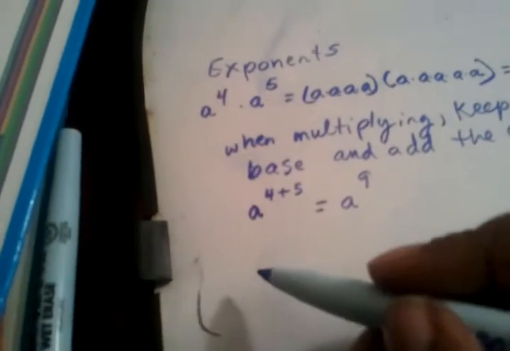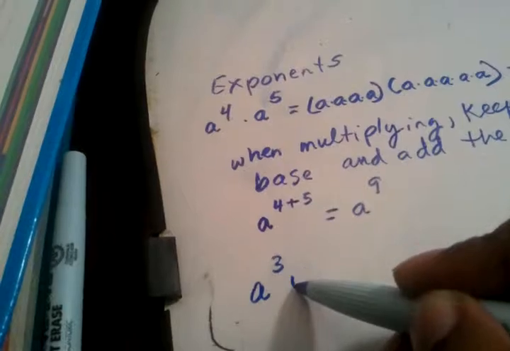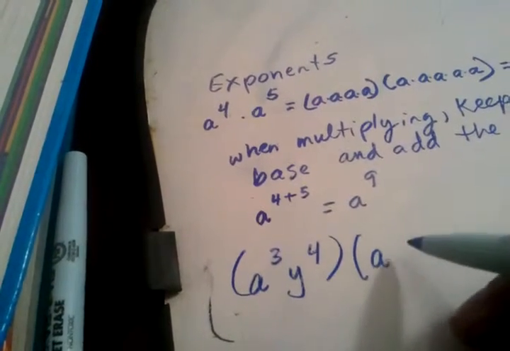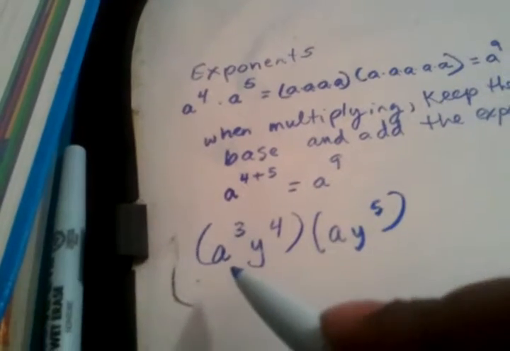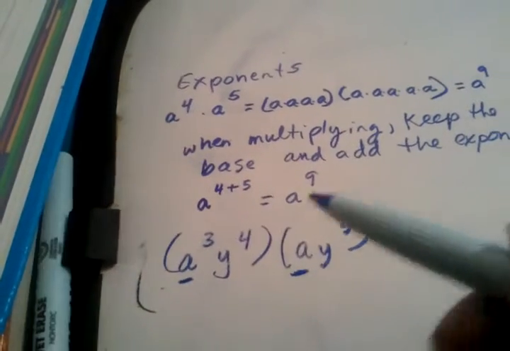All right, let's look at another example. A to the third, y to the fourth, all of this times a times y to the fifth. Notice you have a base of a here and a base of a here.